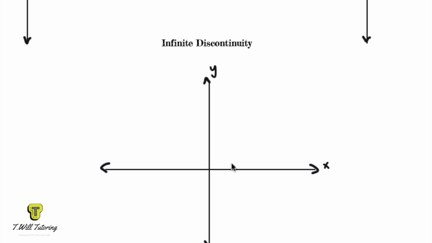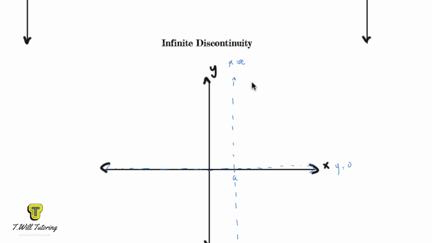We'll still look at A. We're going to have a vertical asymptote at A, and we'll also have a horizontal asymptote at y equals 0 and x equals A.